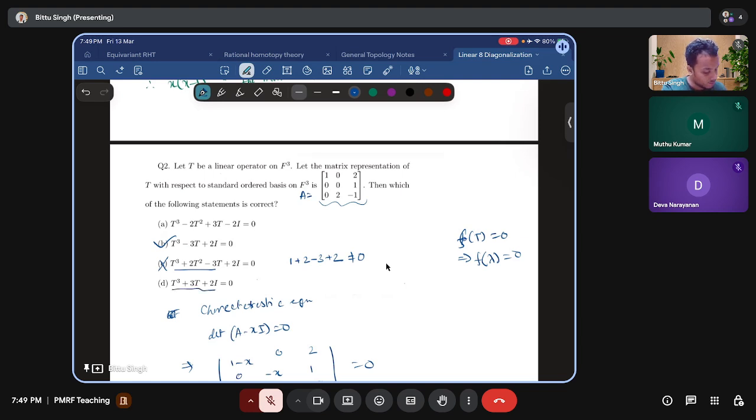Again, if we put the eigenvalue 1 instead of T, we get 1 plus 3 plus 2, which is again non-zero. So this is also false.